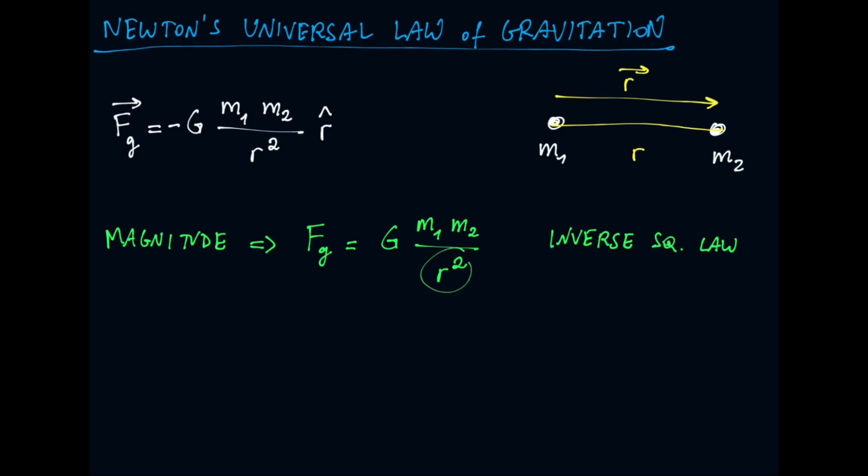I'm talking about this exponent in the denominator. And this G is called Newton's constant, and in SI units it's roughly equal to 6.67, and I think there's maybe a 4 and a 3, times 10 to the minus 11, in the appropriate units.